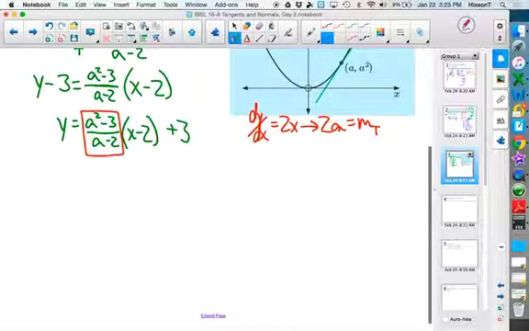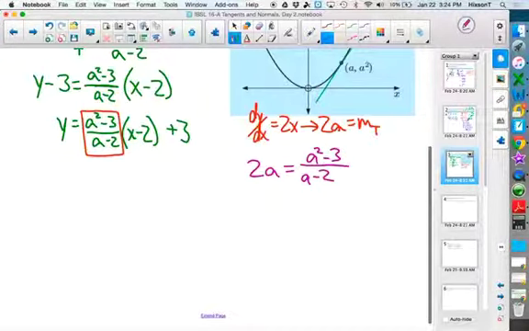I'm just saying this is the derivative of the function itself. That yields a slope of the tangent line of 2A. So now I know, guys, that 2A is going to equal (A squared minus 3) over (A minus 2).